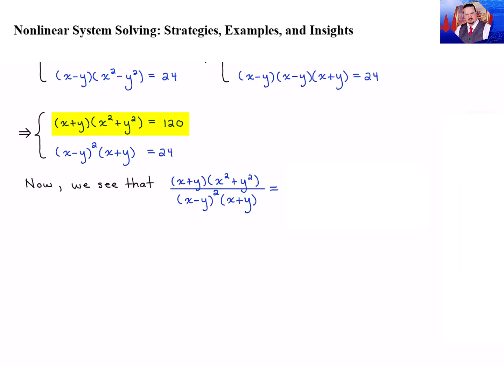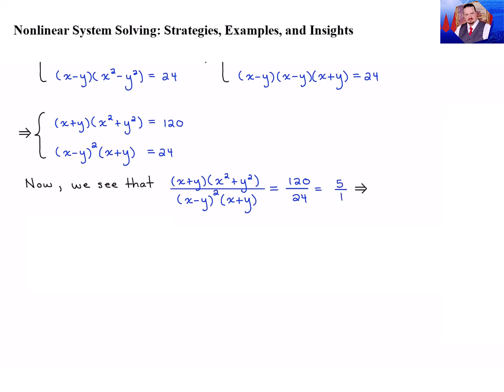So if x plus y times quantity x squared plus y squared is 120, and if our second equation of the system, which is x minus y quantity squared times x plus y is 24, if those two things are true, then that quotient has to be 120 divided by 24, which is equal to 5.